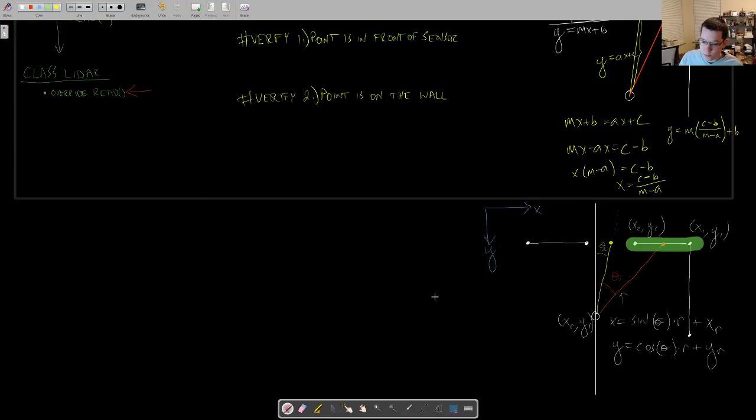So we'll do x equals x2 minus x1 times t plus x1. Y equals y2 minus y1 times y, not y, and not x.